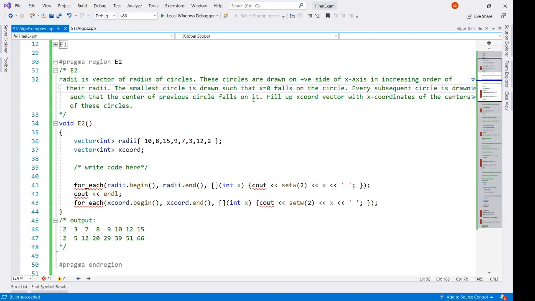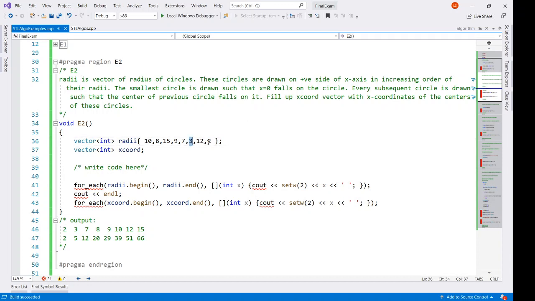So it means that the next circle, which let's say in this case will be the circle with radius 3, should be drawn at the x coordinate of the previous coordinate plus the radius of the circle. If that is done, then the previous coordinate will fall on the circle that is currently being drawn.